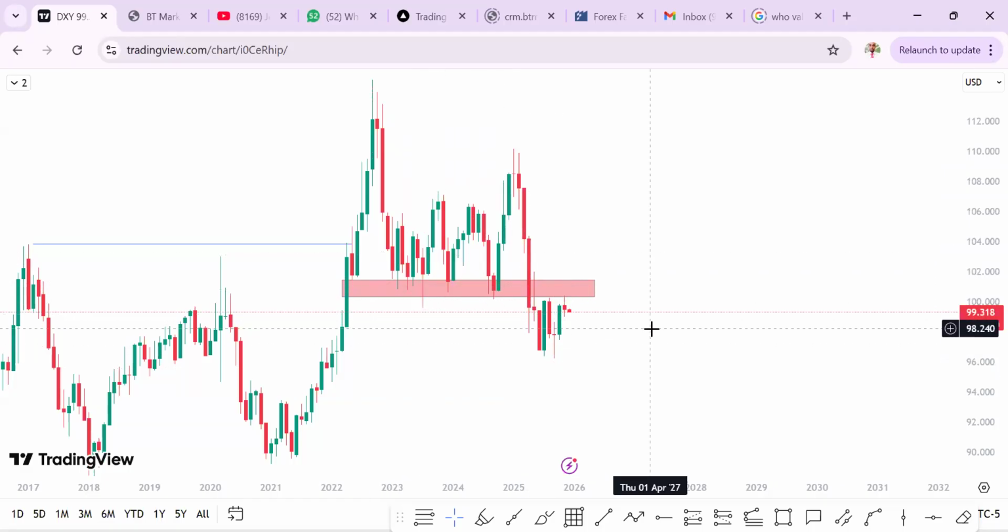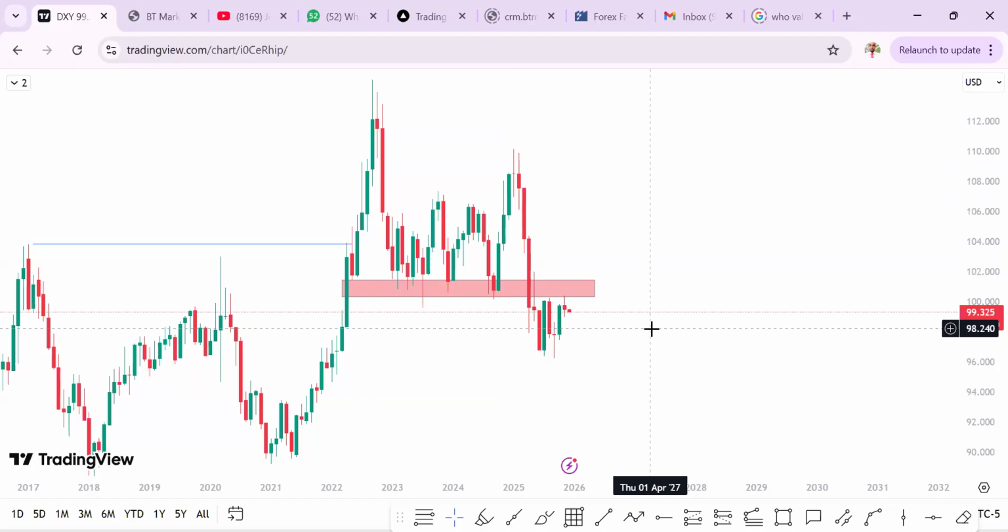So this month, we should be very careful. If you are buying dollar, you should be more careful in your buying position because we likely see more bearish.